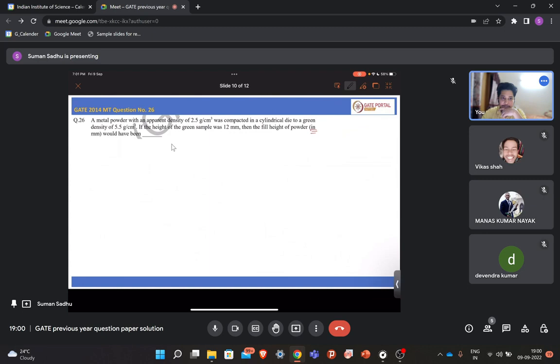Anyone? What is apparent density? You all know about the sintering of a powder sample, metal powder. What are the different stages involved in sintering? At least you can try to answer if anything is coming to your mind.